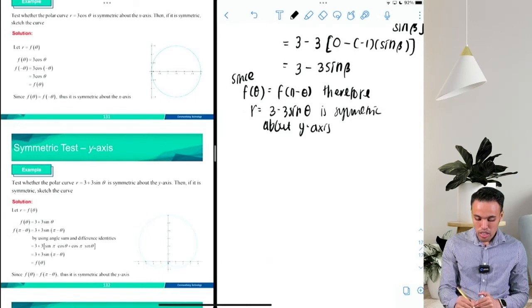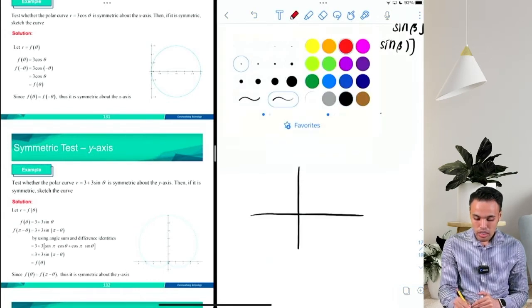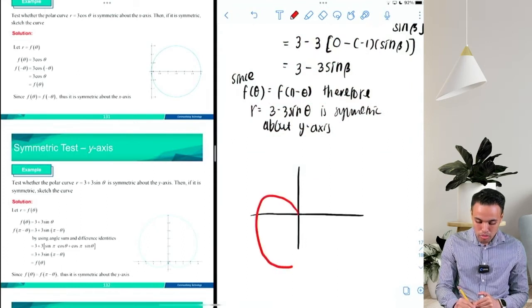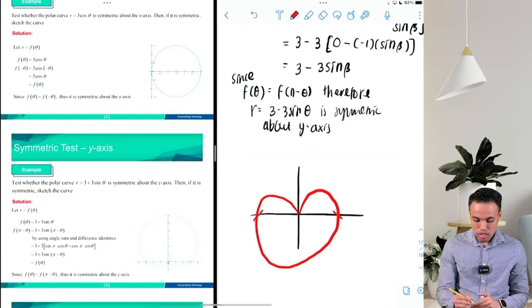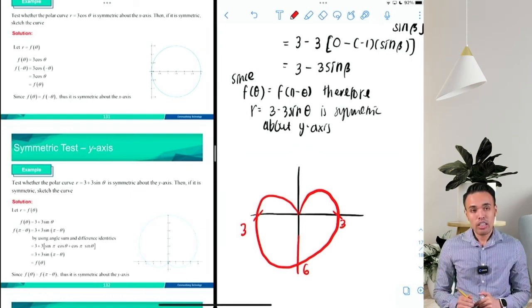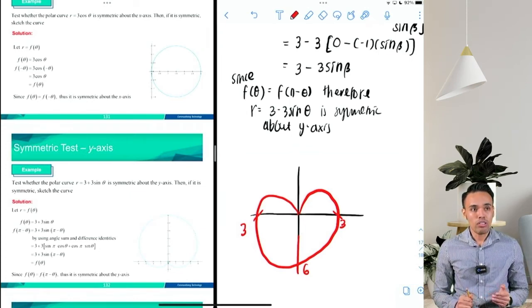And then you can start to sketch your curve. In this case, you will end up with this cardioid, with 3, 3, and 6.